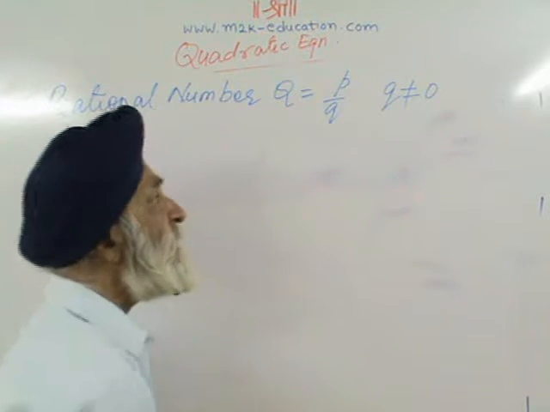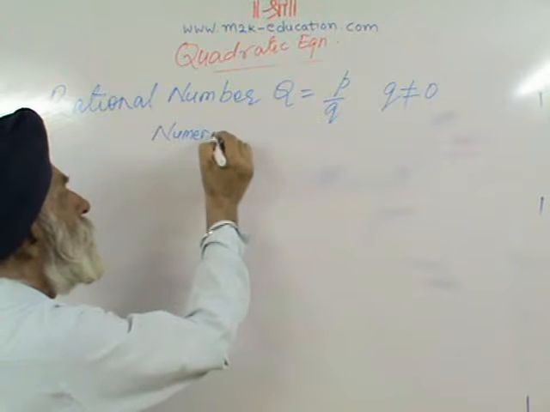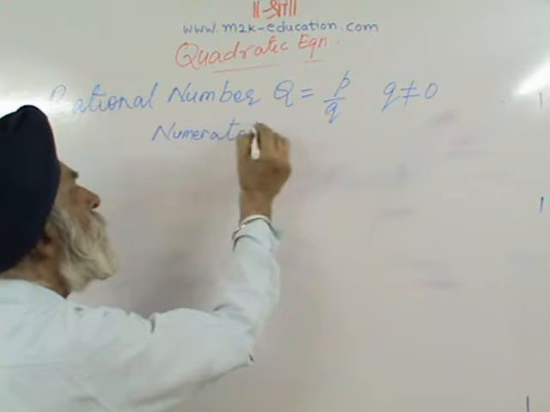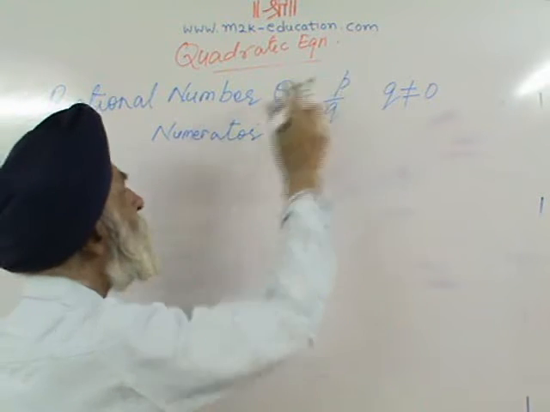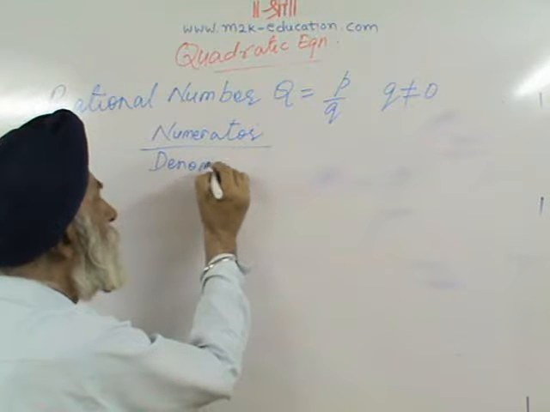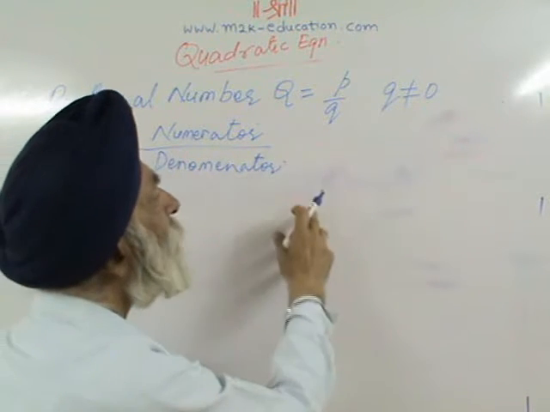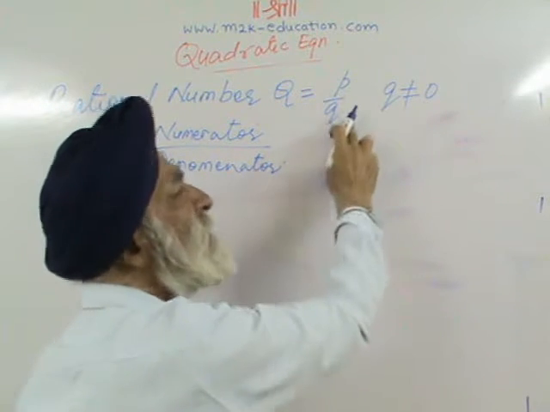In that case, you have the numerator, that is the upper part, and the denominator, that is the lower part, or it is basically division.